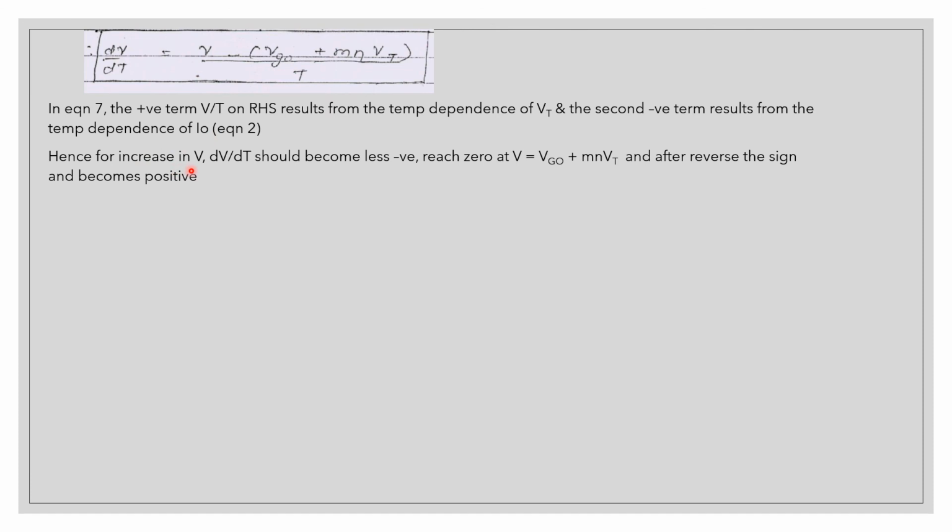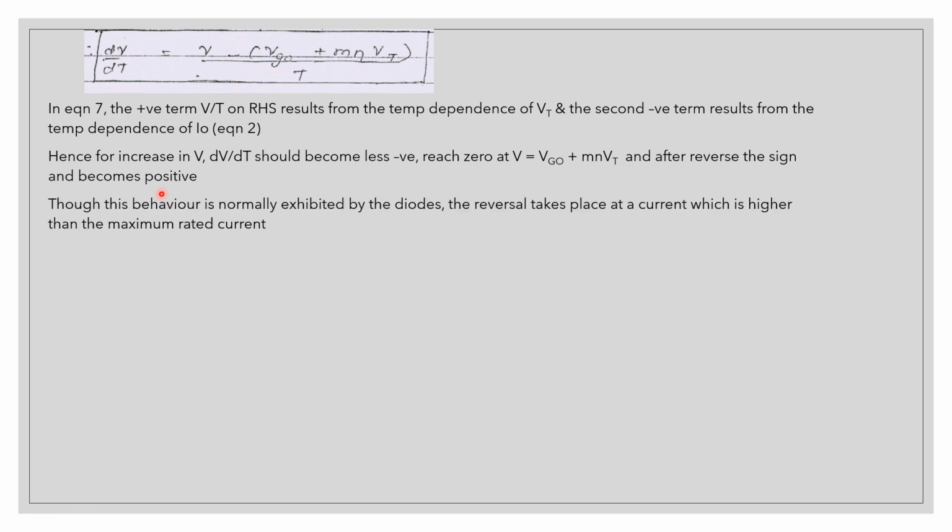Hence, for an increase in V, dV/dT becomes less negative, and it reaches 0 at a voltage equal to Vg0 + mηVt, and after that it reverses sign and becomes positive. Though this behavior is normally exhibited by diodes, the reversal takes place at a current which is higher than the maximum rated current.